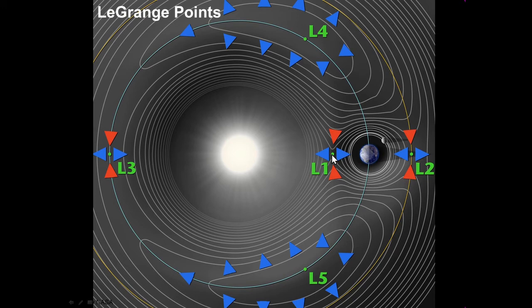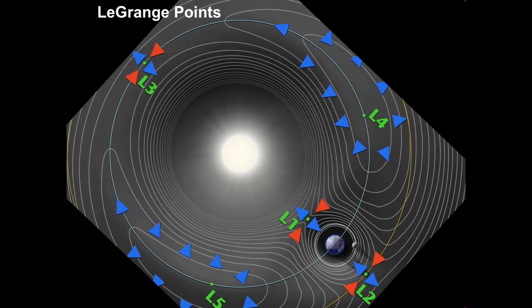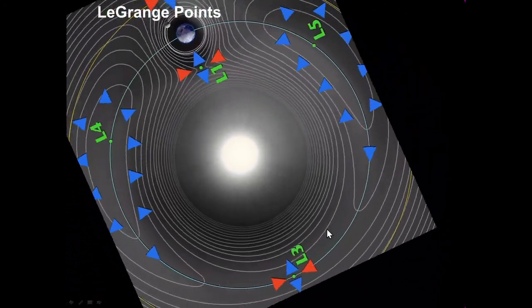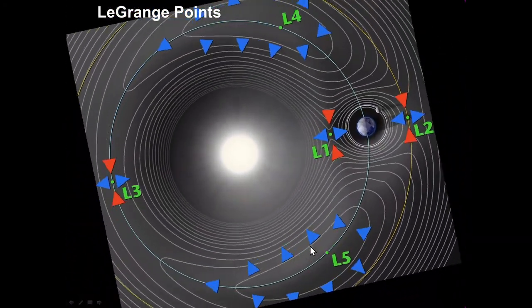Doing the same thing we did, you could find that there's also a place over here and there and there where you could place things, and they would stay in the same relative position because the net force between the sun and that object, and the Earth and that object, created a centripetal force that moved it into a circle. So these objects would just move in a circle as the Earth and everything rotated around.